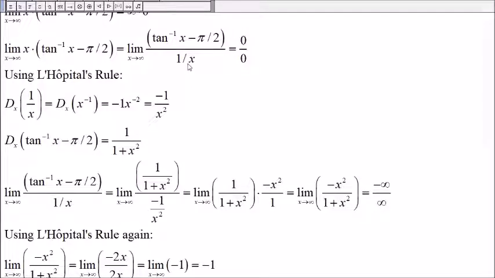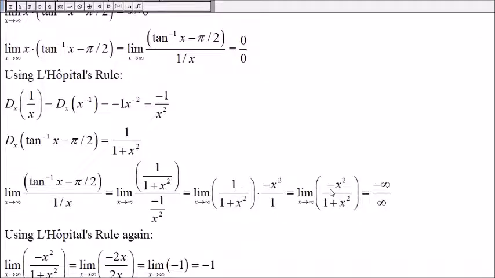Derivative of 1 over x is negative 1 over x squared. And this becomes 1 over 1 plus x squared times the reciprocal, which is negative x squared over 1.